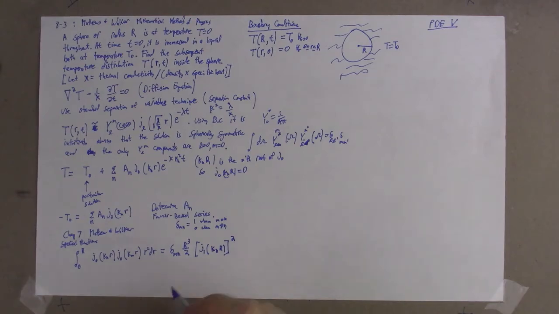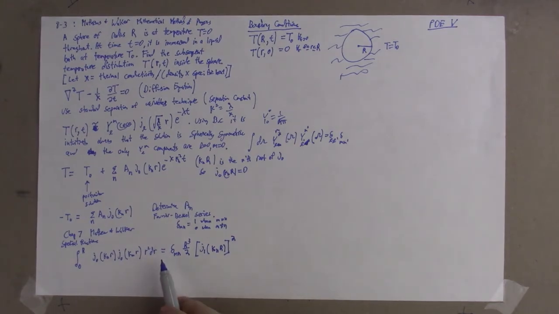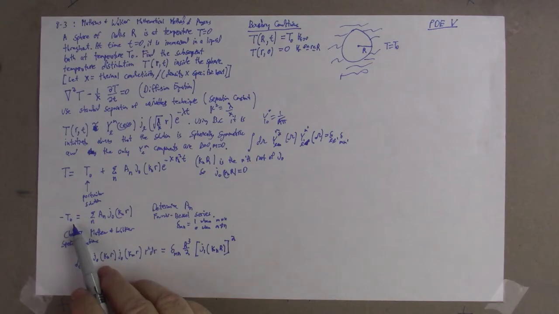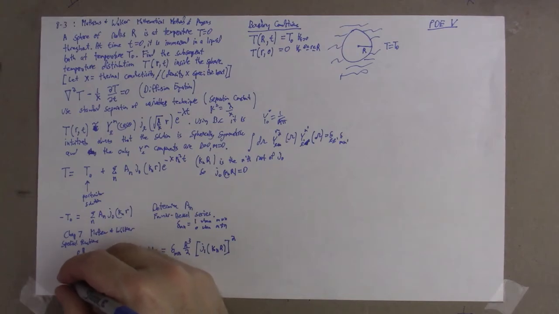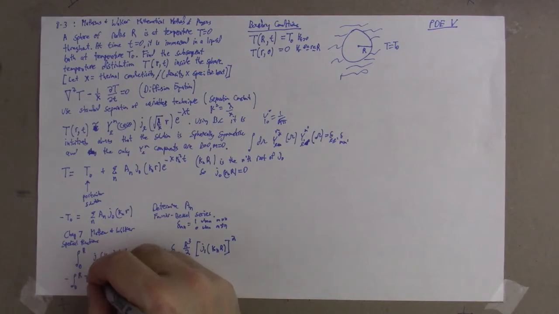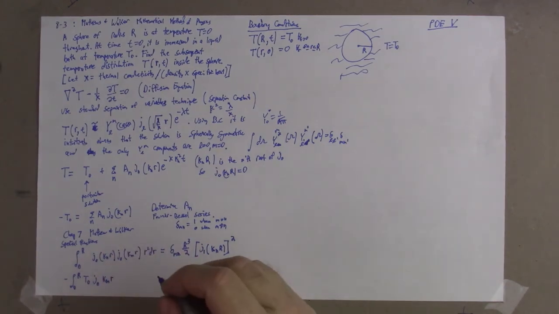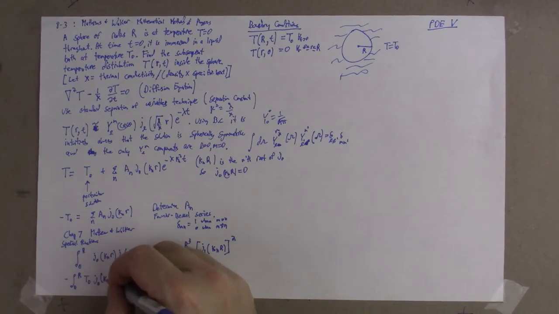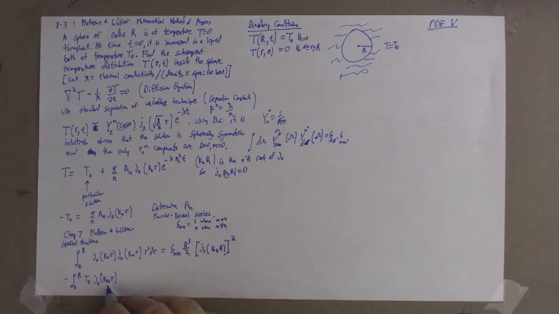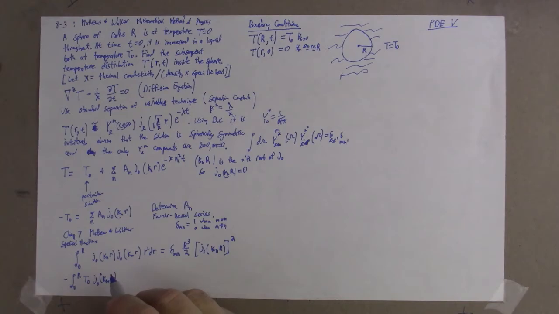So, using this, we'll now use this equation in here. What we'll do is multiply this by J0 kmr and integrate from 0 to R. So what we get is minus the integral from 0 to R of T0 J0 kmr. I have to multiply by a different index, so I'll use m because I already have n on that side.